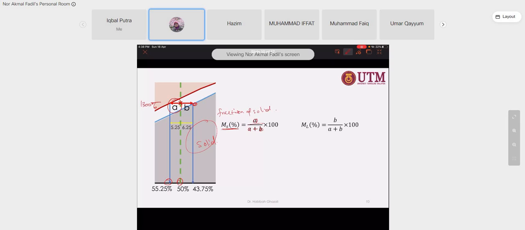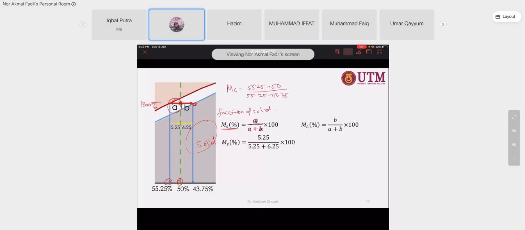Or we can write it like this: MS equals 55.25 minus 50, divided by the total length. You can have it by 55.25 minus 43.75.